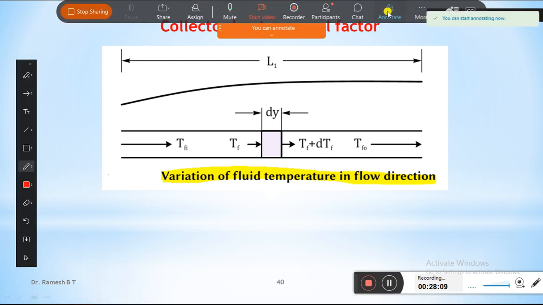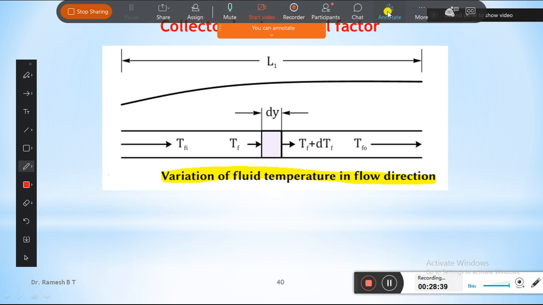It is a one dimensional analysis, performed along the direction of fluid flow, with the objective of determining the variation of the fluid temperature along the flow direction. This analysis helps link the useful heat gain rate; if you want to know the heat gain rate, you should know the heat removal rate of the fluid.